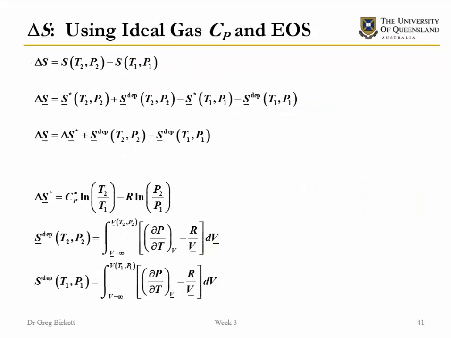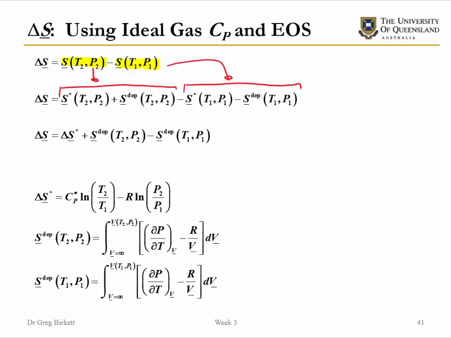We can see that here on this slide, where we start at the difference between state 2 and state 1. We can break that out into the ideal gas and departure contribution for each state.